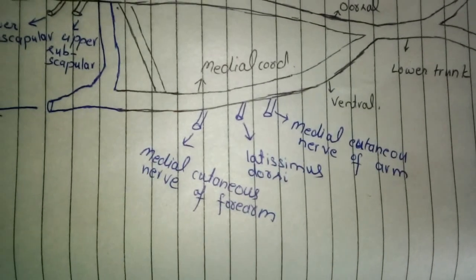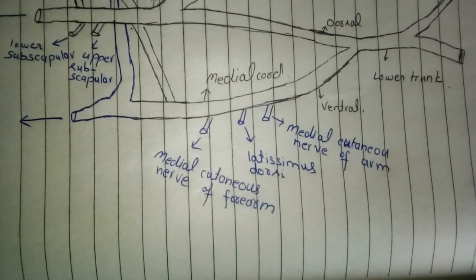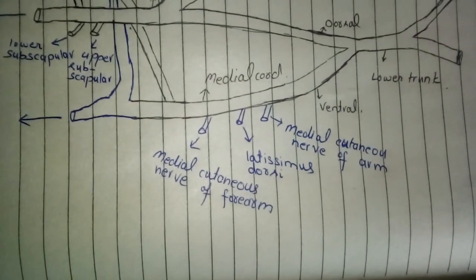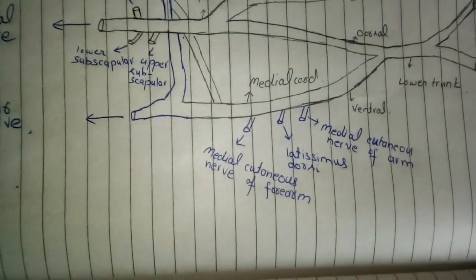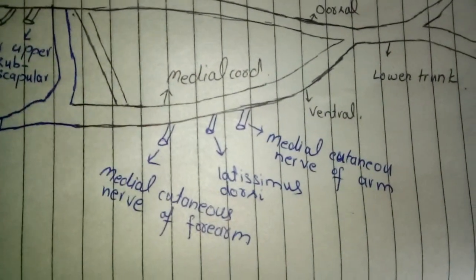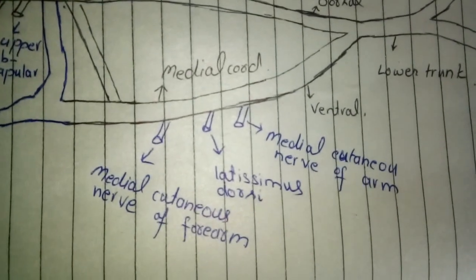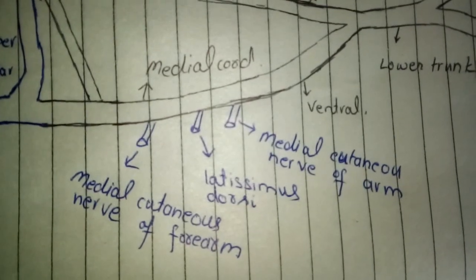Medial cord gives a total of four branches: medial cutaneous nerve of arm, latissimus dorsi branch, medial cutaneous nerve of forearm, and ulnar nerve. Medial cutaneous nerve of arm carries the sensory information from a small area of arm.